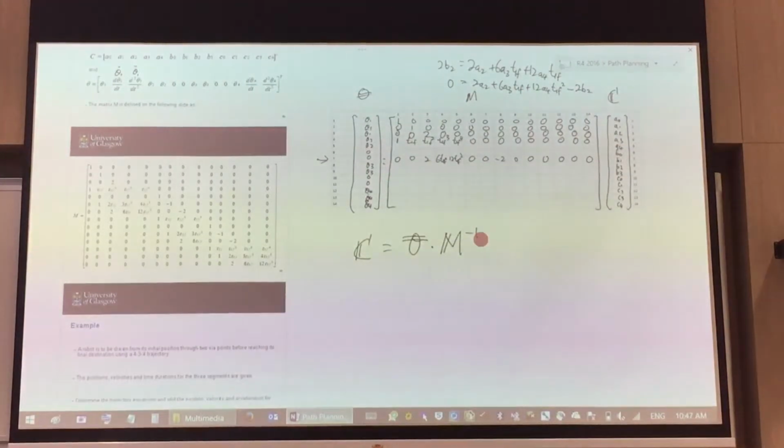It's a 14 by 14 size. So inverse of that requires non-human power. That is your computer power. I don't think you're even given a computer in your exam.